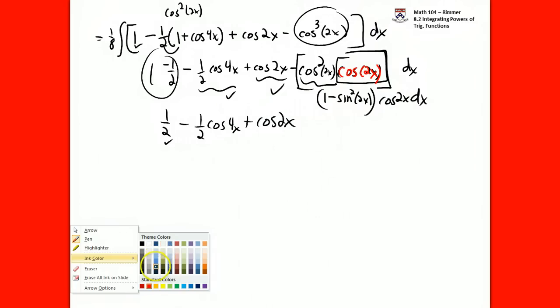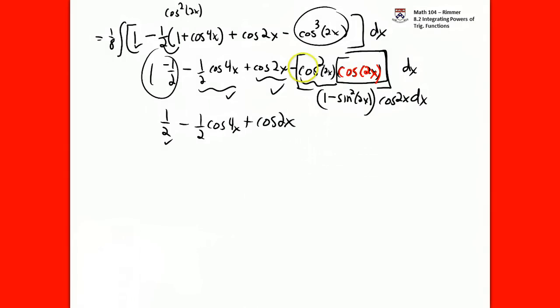You take the other one, which is even at that point because you took out the odd. You trade that in using the Pythagorean identity, not the half angle identity. Sine squared plus cosine squared is 1. So cosine squared is 1 minus sine squared.